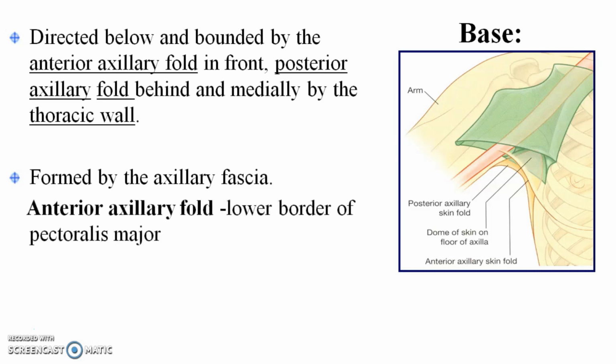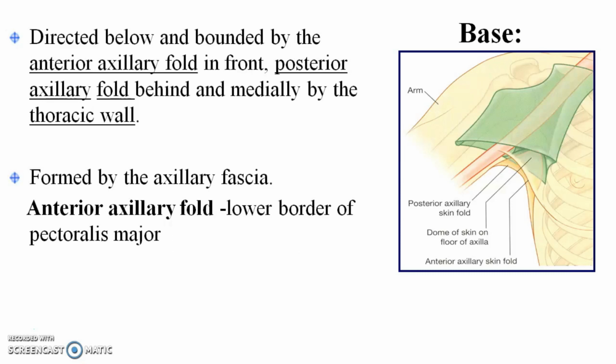Now you have to know what an axillary fold is. We studied that it is bounded anteriorly and posteriorly by some axillary fold. What does axillary fold actually mean? I think you people might be remembering the pectoralis major muscle. There we have seen that the anterior axillary fold is formed by the pectoralis major.